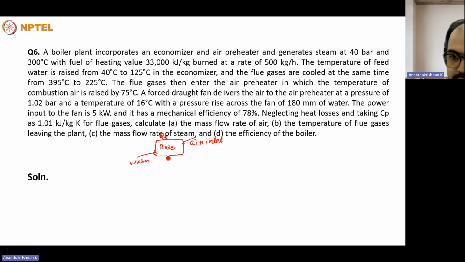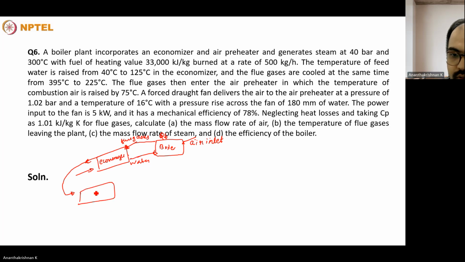The water will be preheated by using the flue gases. So this will be making use of the flue gases in the economizer, and this flue gas will be going out of the system, right? So that will be using the air preheater to heat up the air.